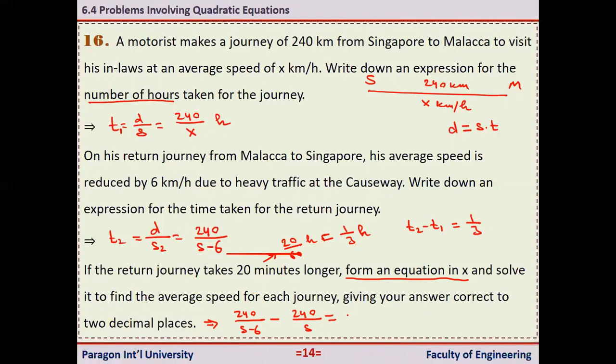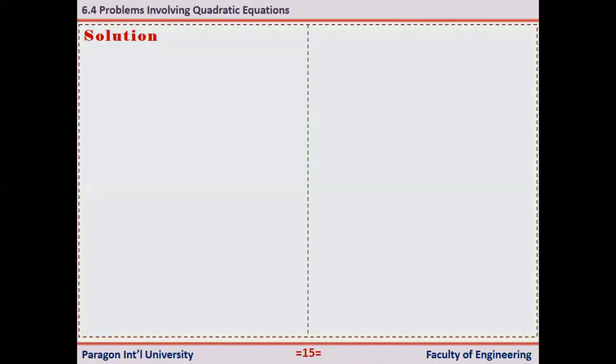On the right hand side, we have 1 over 3. So our equation is 240 over s minus 6 minus 240 over s is equal to 1 over 3.